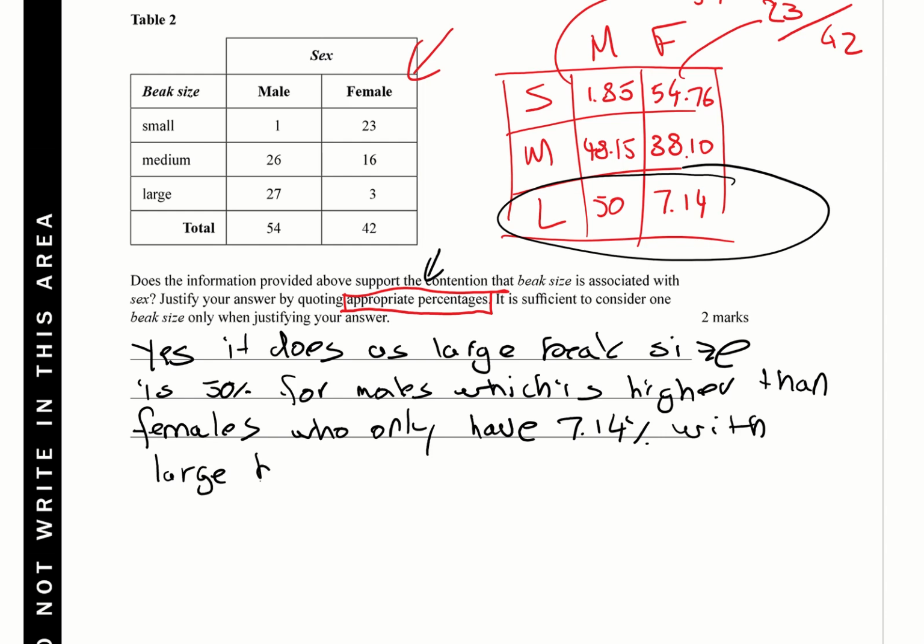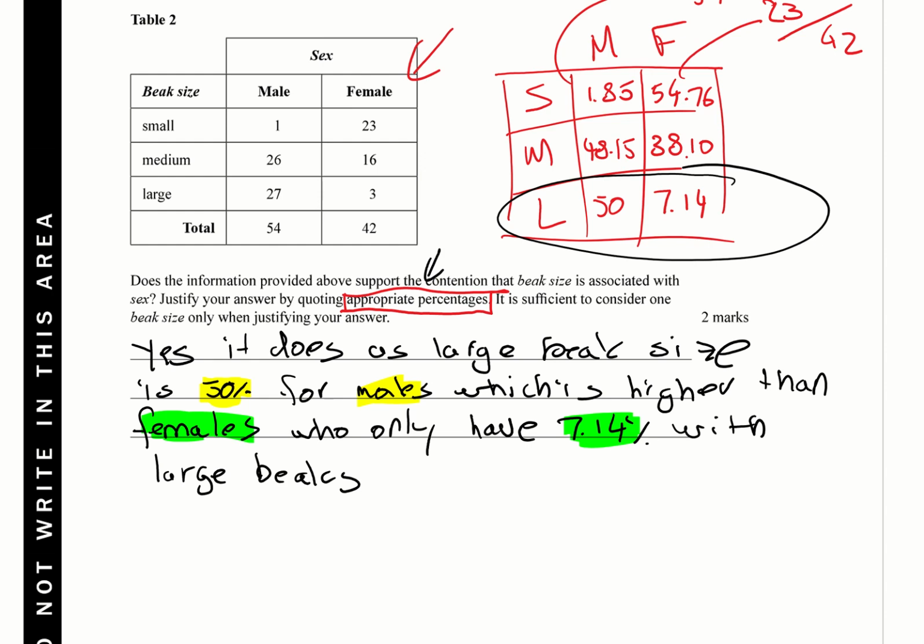You'd have to write something along these lines. It doesn't have to be word for word or anything like that. The key point here is I've talked about 50% for males, okay? And for example, I've said 7.14% for the females. So I've quoted appropriate percentages.